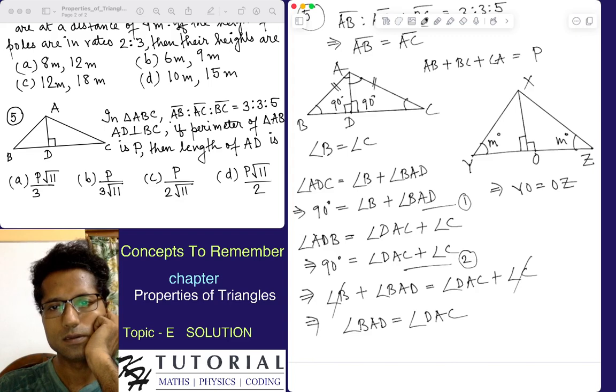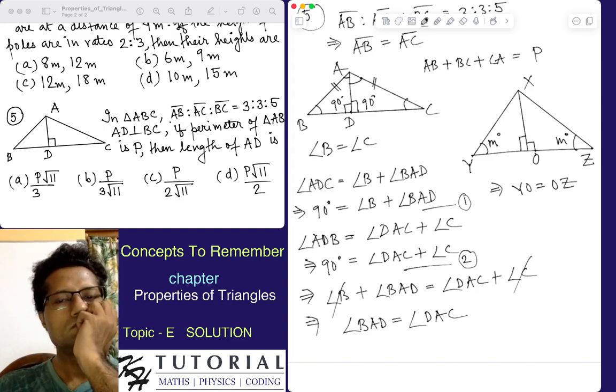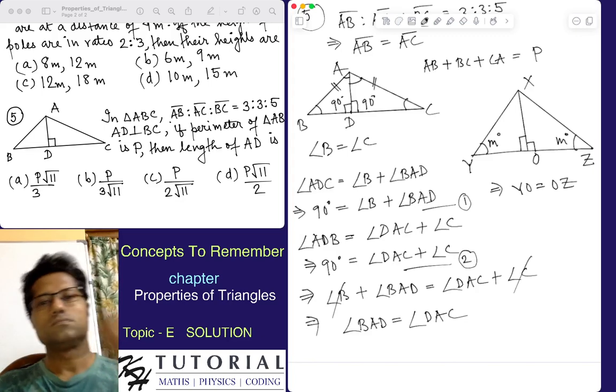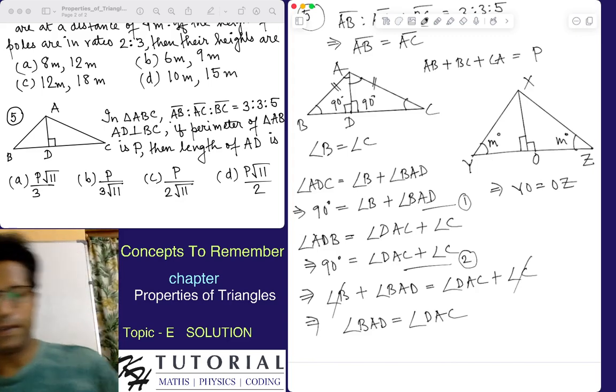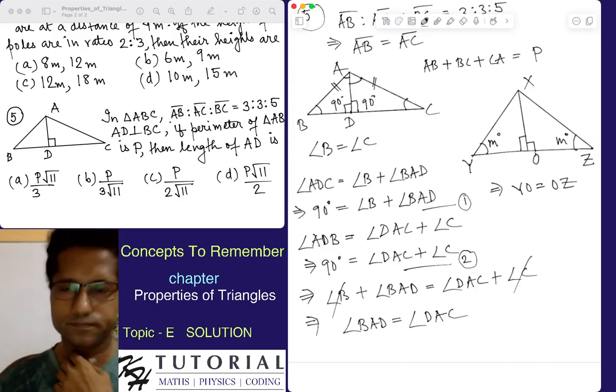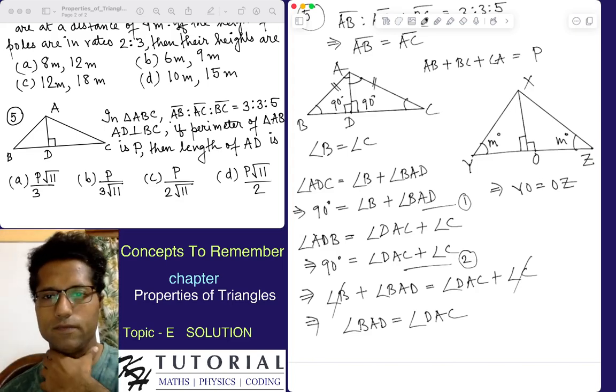What is angle BAD? Can we find angle BAD?